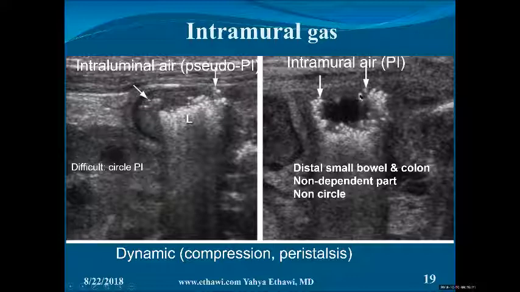You can see this dot here inside, but these are not. Some of them are inside, but for example, this is intraluminal. Intramural, sorry. But this one is intraluminal. Intramural. Yeah. You can see this one has a comet tail.